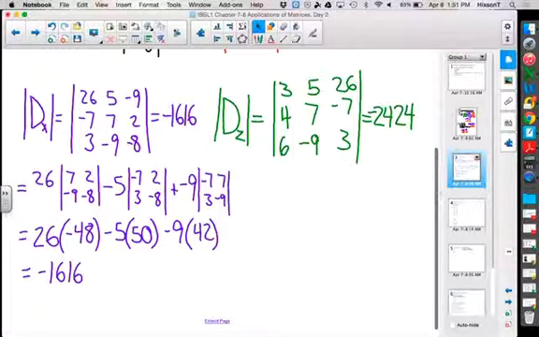Don't forget, if you're using this method, the middle one is subtracted. Okay? It's negative 56 plus 18, yeah, 38.